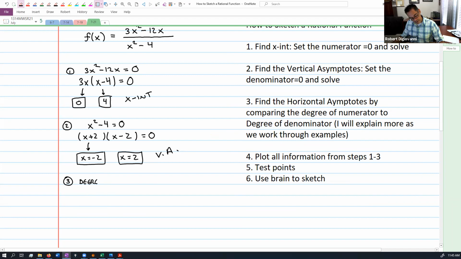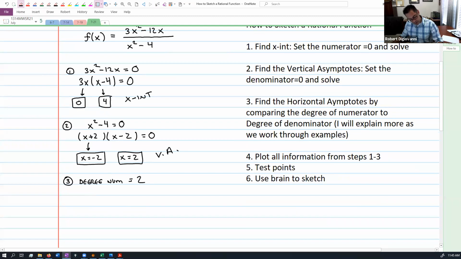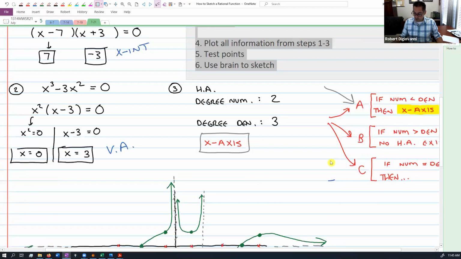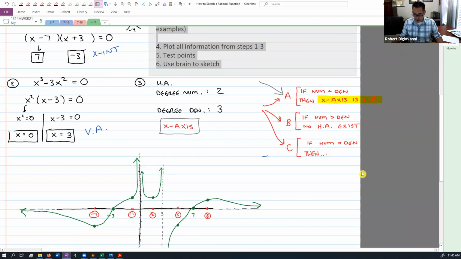The degree of the numerator is equal to 2, the highest power of x, and the degree of the denominator is also equal to 2. This is the first time this has happened. We have the same degree. So now I need to go grab those steps so I can show you what you do in the event that you have the same degree.